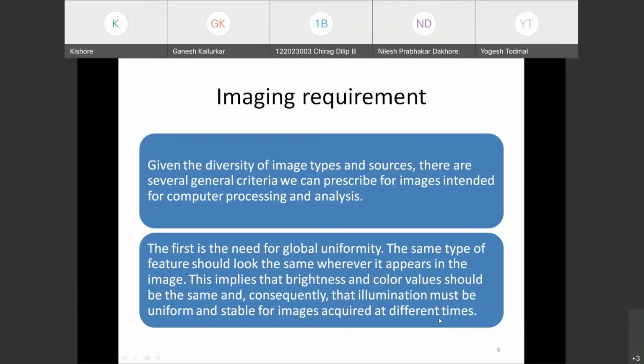Now, this statement is more towards the practical application of imaging. Let's say you are developing a setup which requires the system to classify an object which is flowing on, let's say, a conveyor belt.